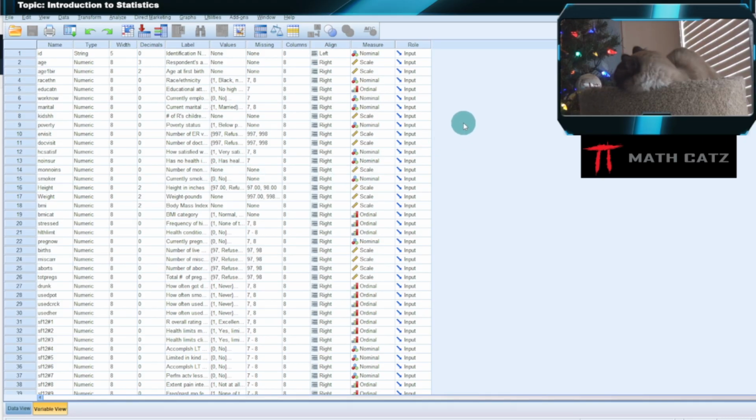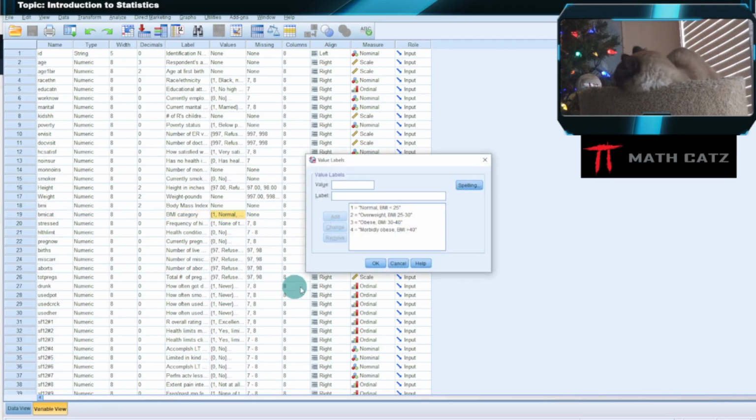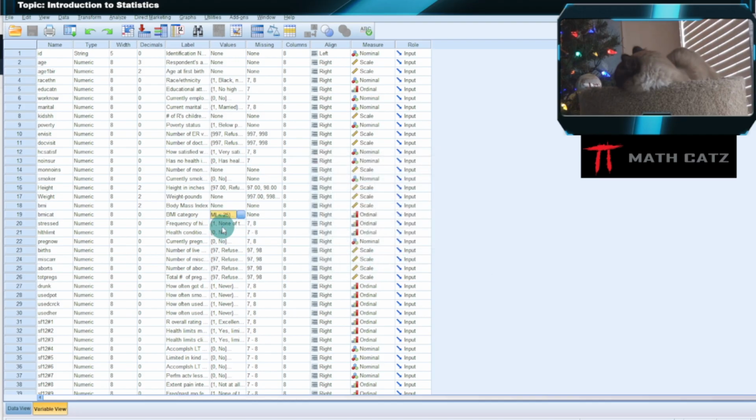What we are going to do in our example today, we are going to investigate 2 variables. The first is the BMI categories that break up the different BMI results into 4 categories: normal, overweight, obese, and morbidly obese. Then we're going to compare that with a variable that measures if the woman had any health issues that limited their everyday function.